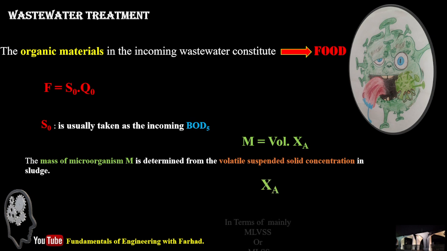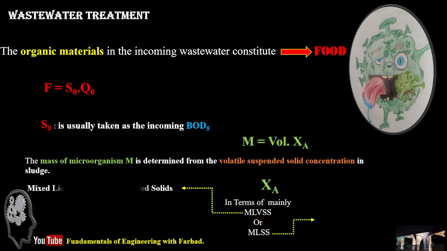That's mainly in terms of MLVSS, sometimes MLSS, mainly MLVSS. MLVSS stands for mixed liquor volatile suspended solids, and MLSS is mixed liquor suspended solids, but not the volatile one. But mainly that's the volatile part.